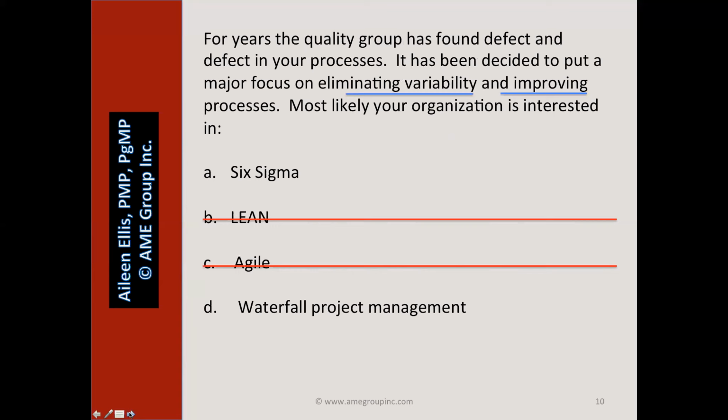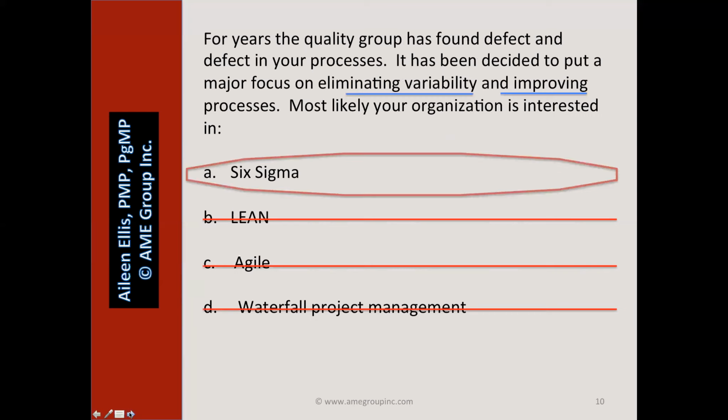D, waterfall project management is about completing a project. Similar to agile, it doesn't fit in this context. Therefore, Six Sigma is the best answer. Again, it's the phrase eliminating variability that brings me to Six Sigma. Improving processes brings me to Six Sigma.